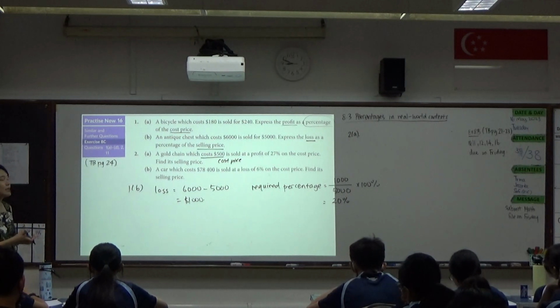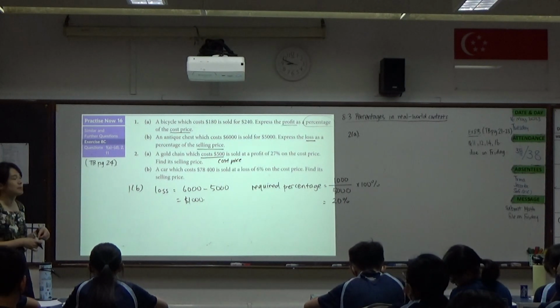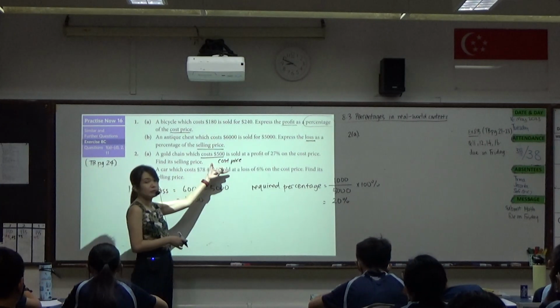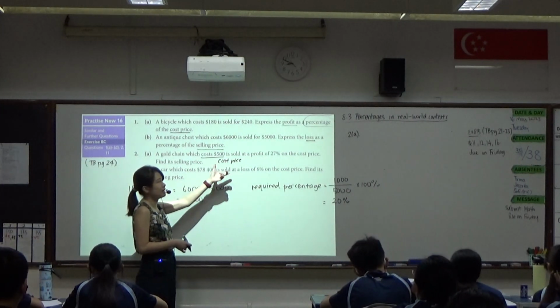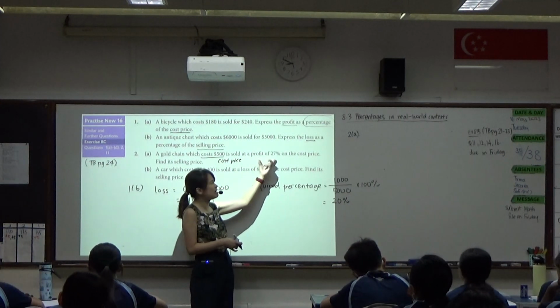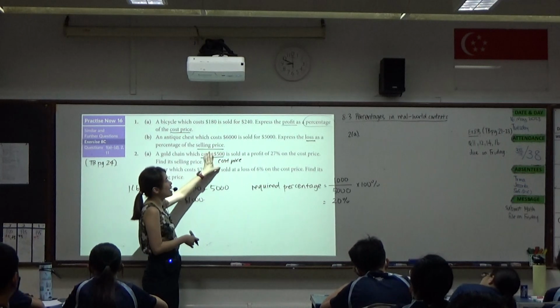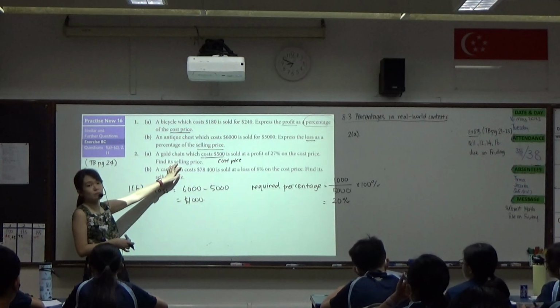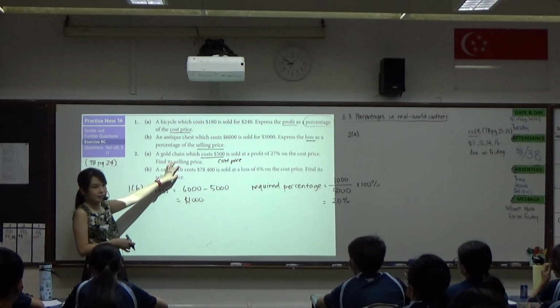So the selling price will be how many percent eventually? Cost price forms our base 100%, including our 27% profit. So 100 plus 27 means our selling price is supposed to be 127%.